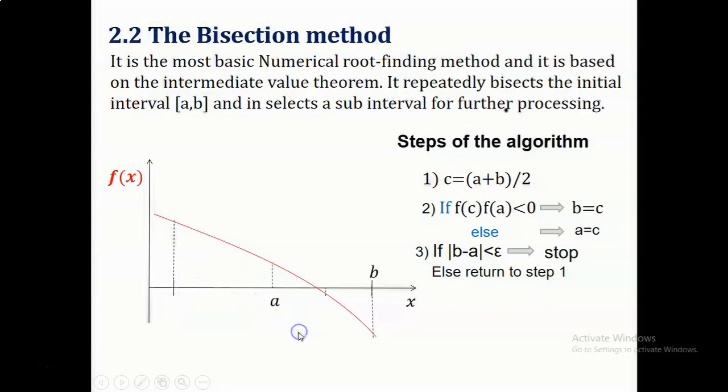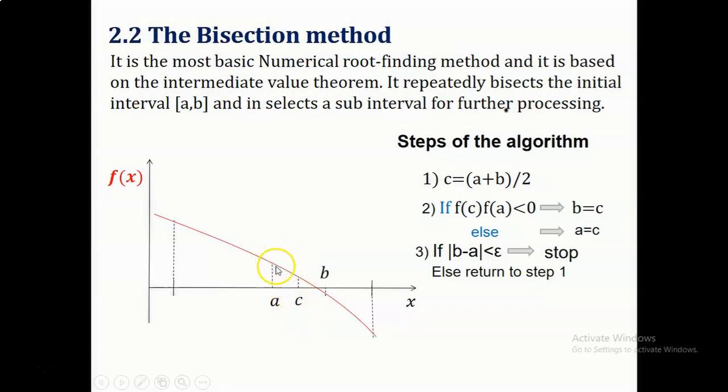Like this, I reduce my interval by half. And then, again, I cut this interval in two, find c, and check if f(a) f(c) is negative. Yes in this case, then b = c. Then I repeat the process, cut the interval in half, check if f(a) f(c) is negative or positive.